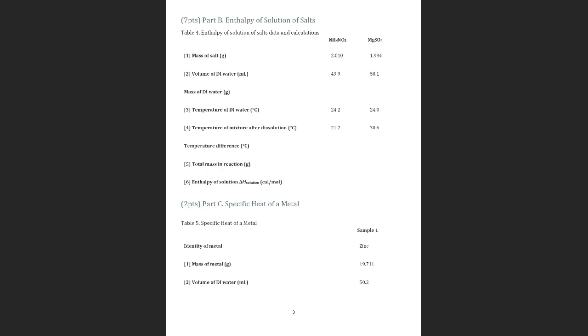Okay, so they give you, in my case, I had zinc. They gave me the mass. Let's see. There is not much, just to calculate the specific heat in this one.